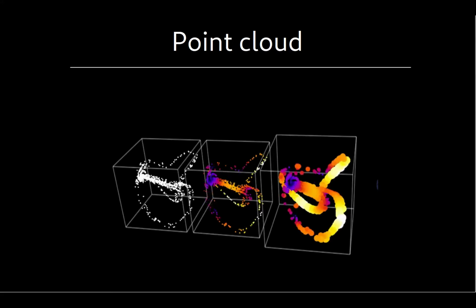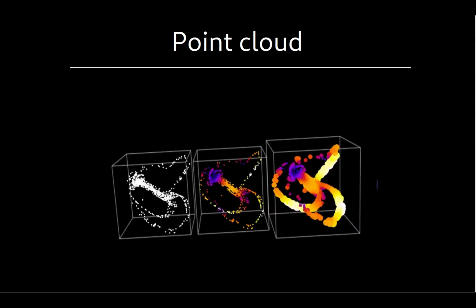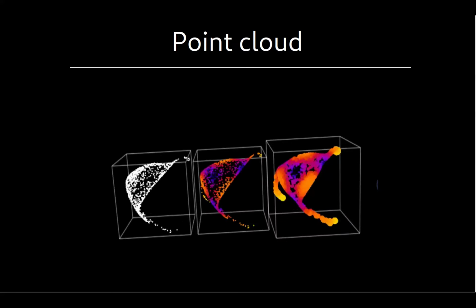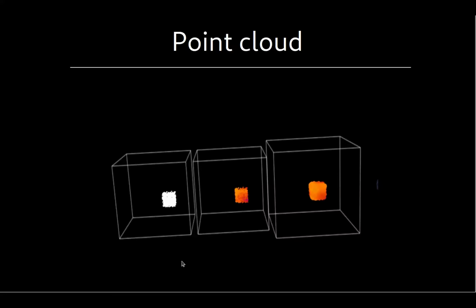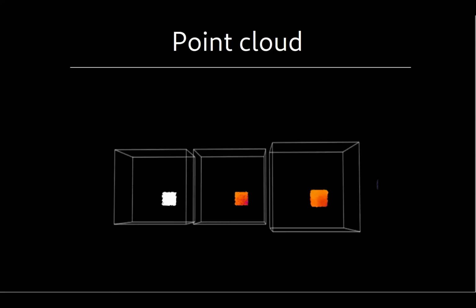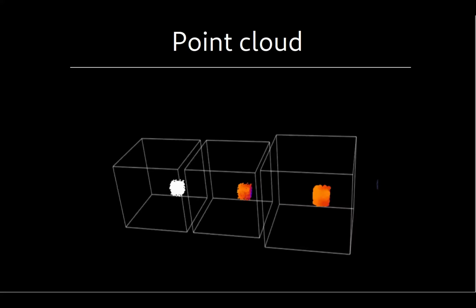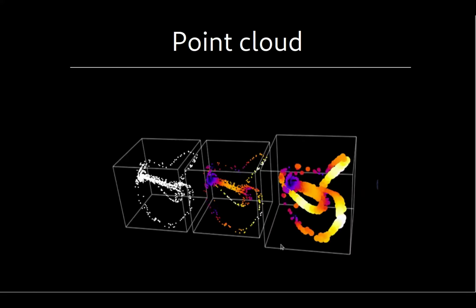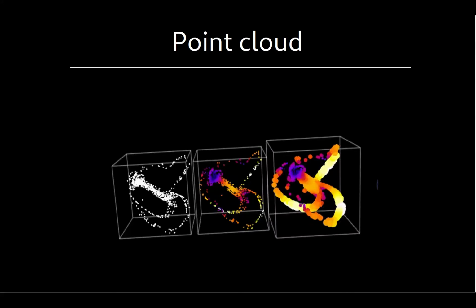So this is time data, a so-called attractor. It's some solution of a differential equation, and on the left is just the raw data loaded. But what I show with the middle one is that you can map the lookup table, this fire lookup table, to the speed of the particles.